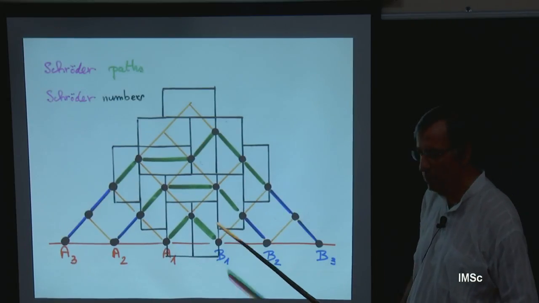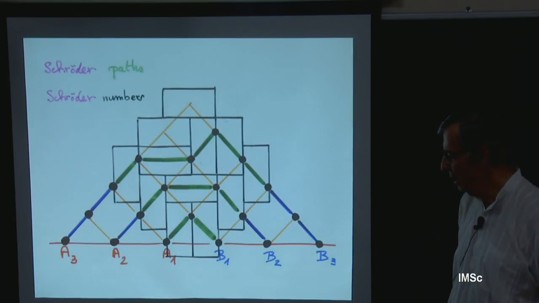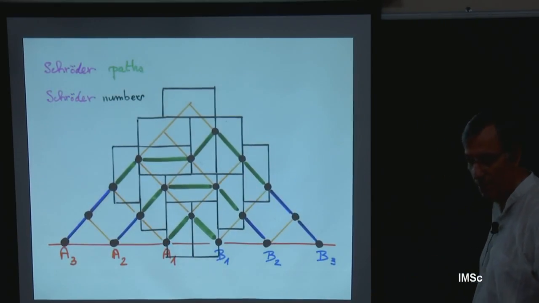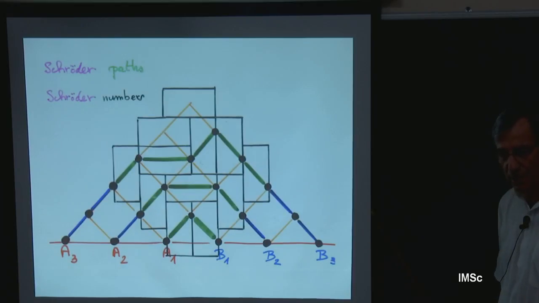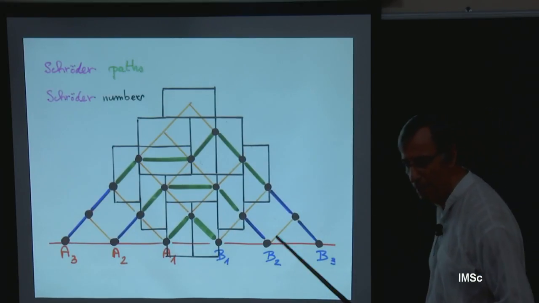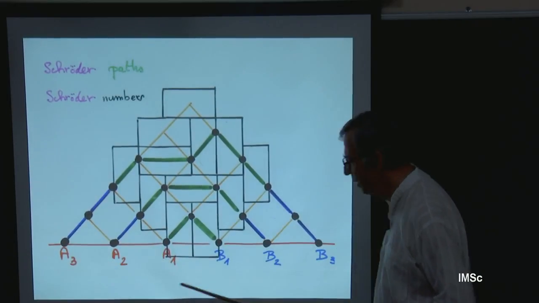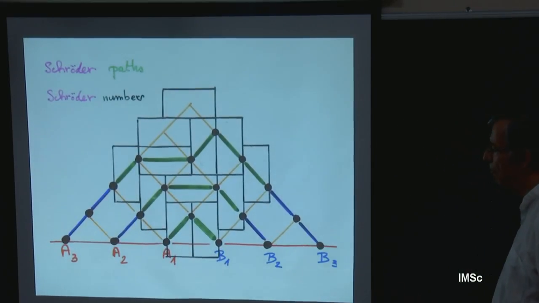This is equivalent to counting this configuration. So now I have a kind of Hankel determinant. I have a configuration exactly the same as I was working with orthogonal polynomials. Here the starting points are A1, A2, A3 and the ending points B1, B2, B3.